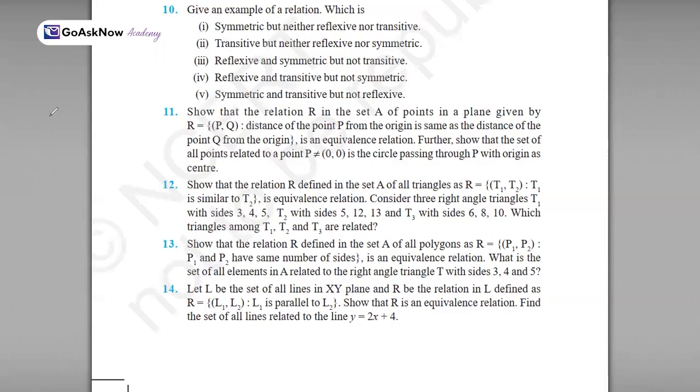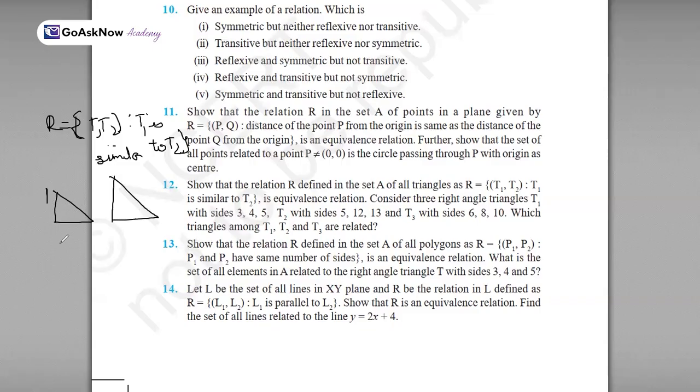So R is a relation defined on all triangles, and R is given as T1 comma T2, T1 is similar to T2. So suppose that I have a right triangle like this, and I have one more right triangle also. It is larger than the first one.